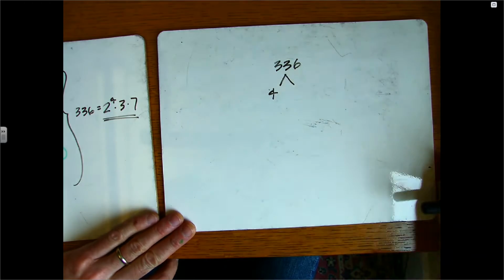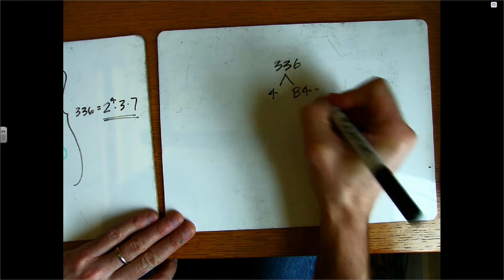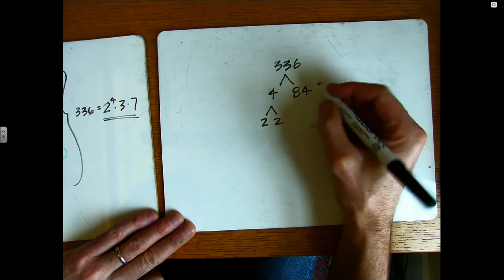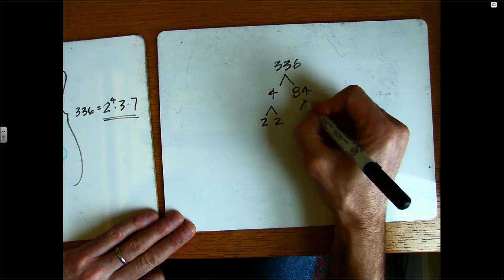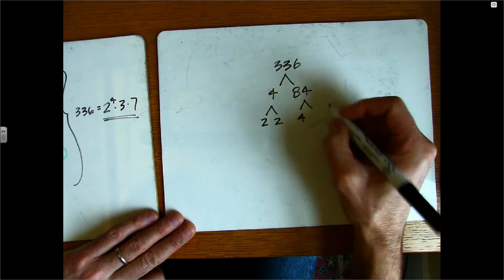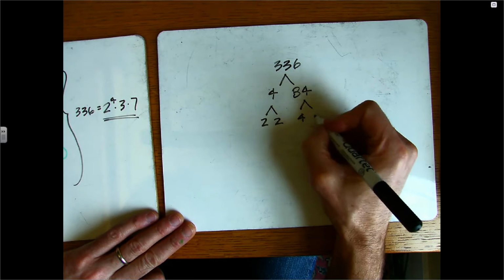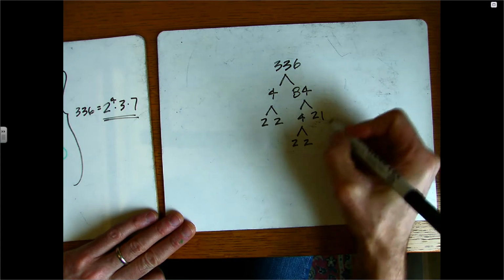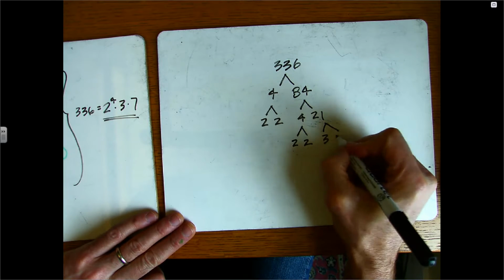It gives us 84. Okay, well, my 4 can be broken down into 2 times 2, and certainly 84 is divisible by 4 because the last 2 digits are divisible by 4, and that gives 4 and 21. The 4 here can break down into a 2 and a 2, and the 21 can break down into a 3 and a 7.